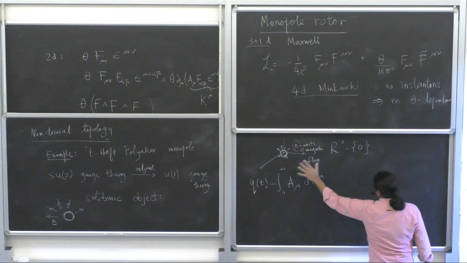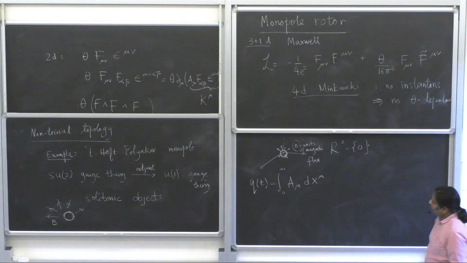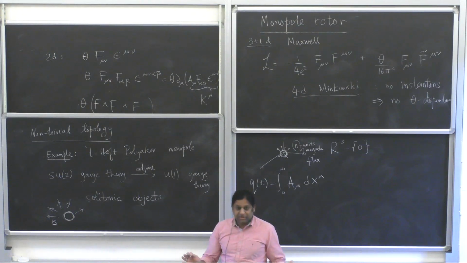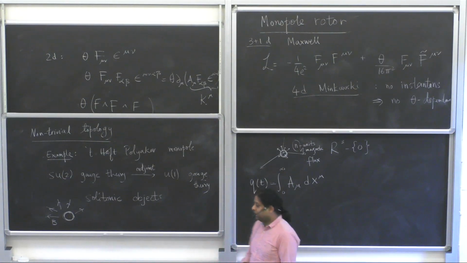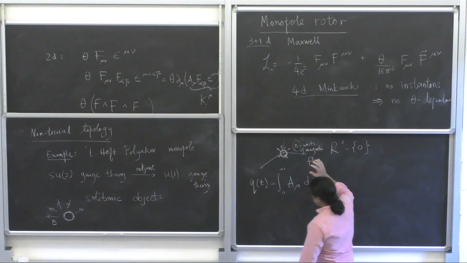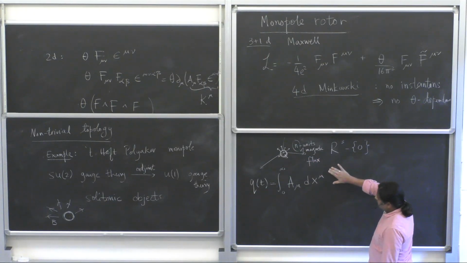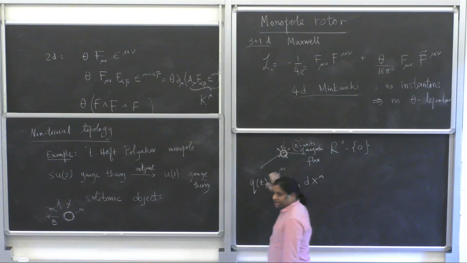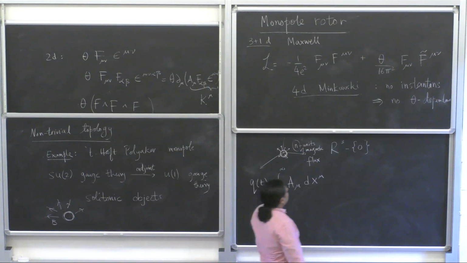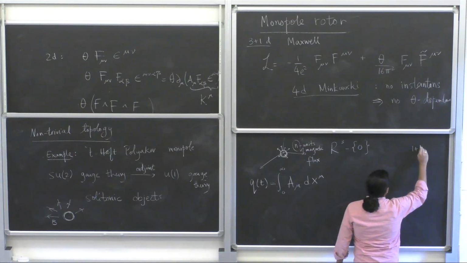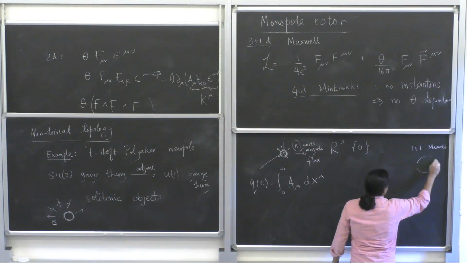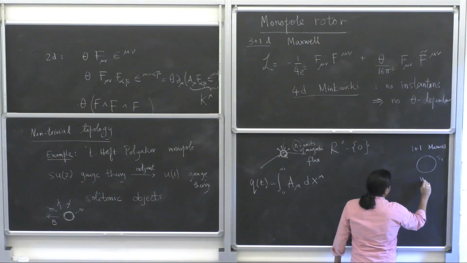We can decompose the gauge field in spherical harmonics. We would get typically angular modes of the gauge field, and radial modes of the gauge field. I don't want to go into all the details of all the other modes. The one mode that I do want to focus on is this mode, which is a Wilson line between the origin and infinity. This is the analog of the Wilson line that we drew in 1+1 Maxwell, where we had a spatial circle and we defined the Wilson line.